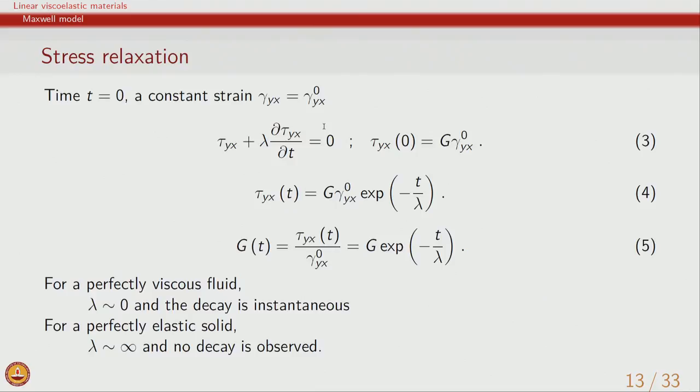With this we had also seen that the stress relaxation modulus for a Maxwell model was an exponential function, and how fast the exponential decay is depends on the relaxation time. For fluid like materials relaxation time is very small, and therefore decay is instantaneous, and these materials end up being dissipative, while solid like materials have very large relaxation time and therefore no decay and no dissipation.